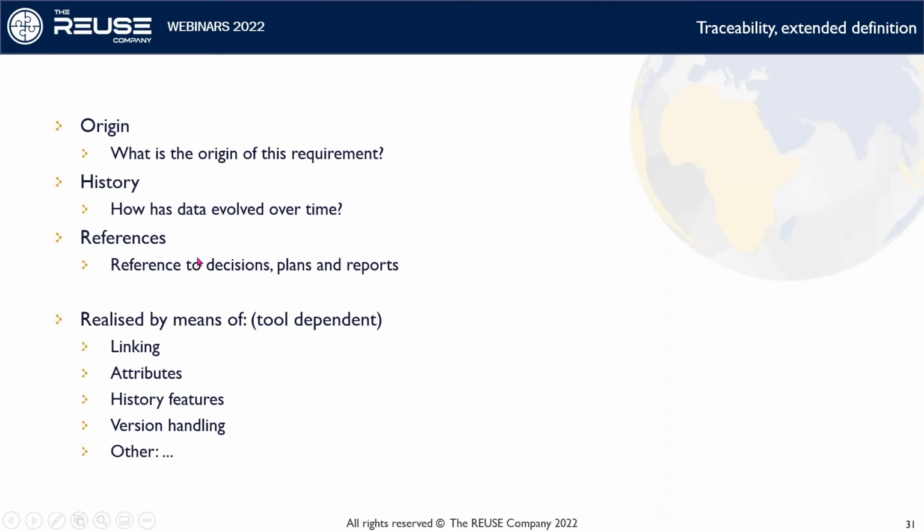Also references to plans, reports, decisions, and so forth and so on. Verification data, design decisions, and all sorts of related data is also something that you could or should trace to requirements and other data. This could be realized in various ways depending on your tools: links, attributes, history features, version handling, and other. There are a variety of ways to manage this.